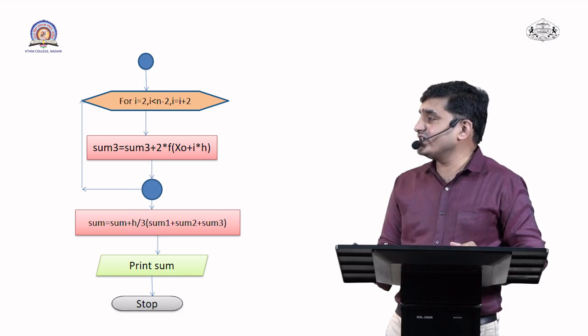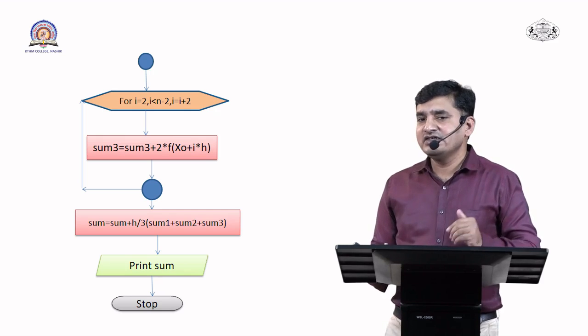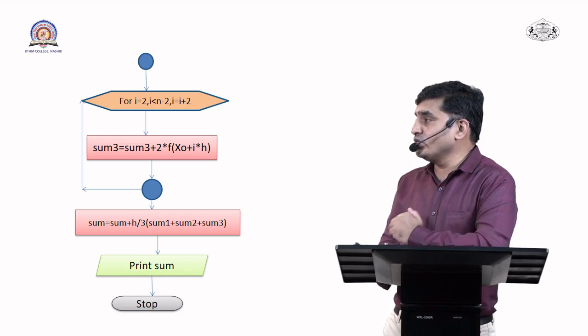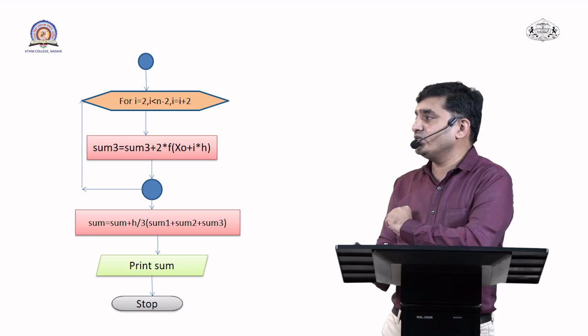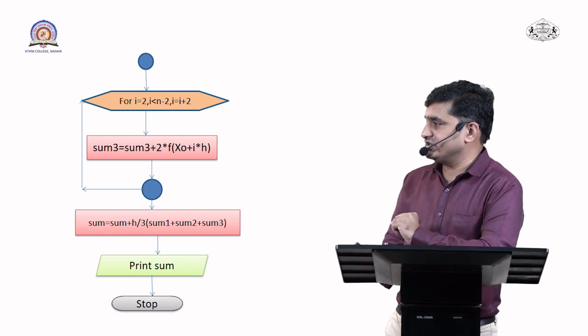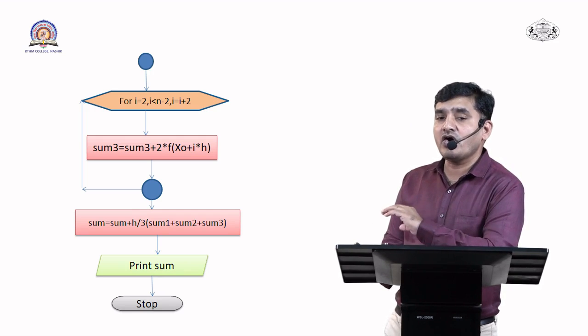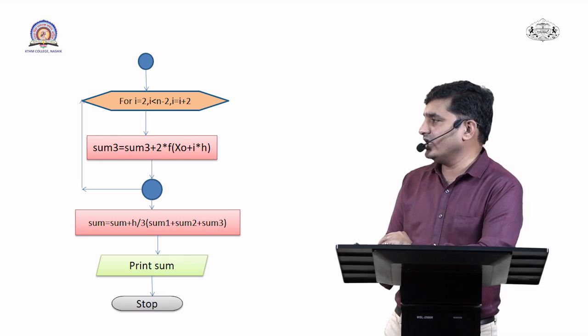If this condition is satisfied, then sum 3 is equal to sum 3 plus 2 into f of x0 plus I into h. That is, 2 into f of x0 plus I into h represents all even terms.